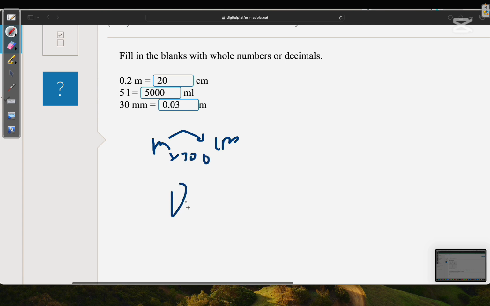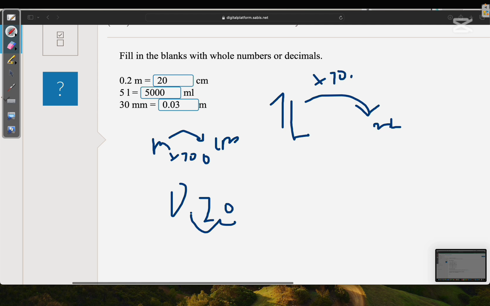So 0.2, move 2 to the right, that's 20. 1 liter is 1000 milliliters. So 5 times 1,000 is 5,000.